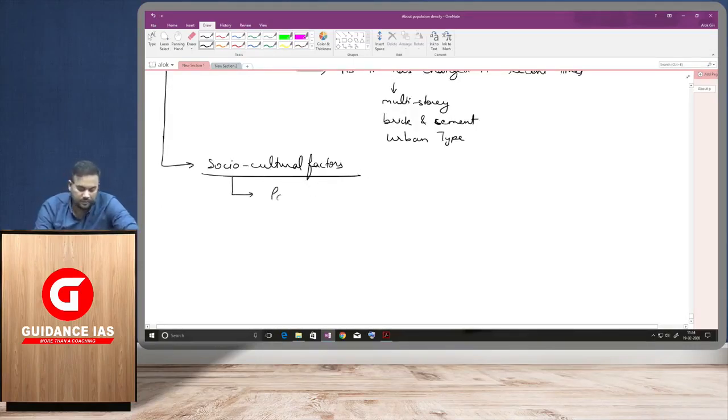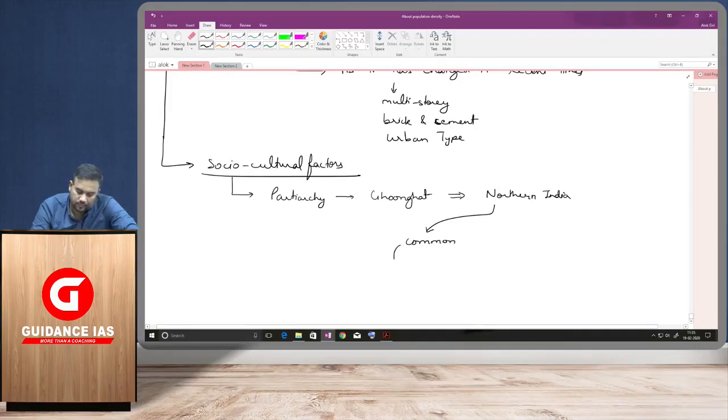like system of patriarchy, like the system associated with that is the Ghungat system. Where this system, Ghungat system, is more pronounced? Can I say northern India? Northern India. So here it is very, very common thing that there would be two courtyards.